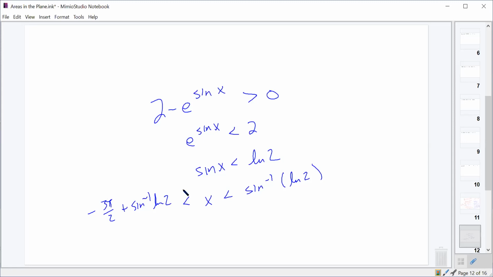Oh man, what a mess of a problem. That you end up getting if you go 3/4 of the way around, which would be the same reference angle as inverse sine of natural log of 2, but giving you a negative value there.